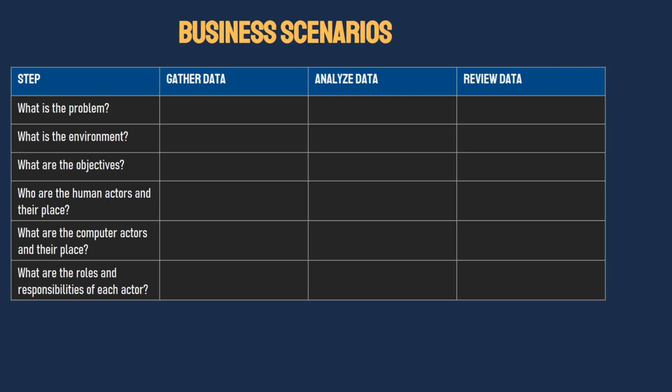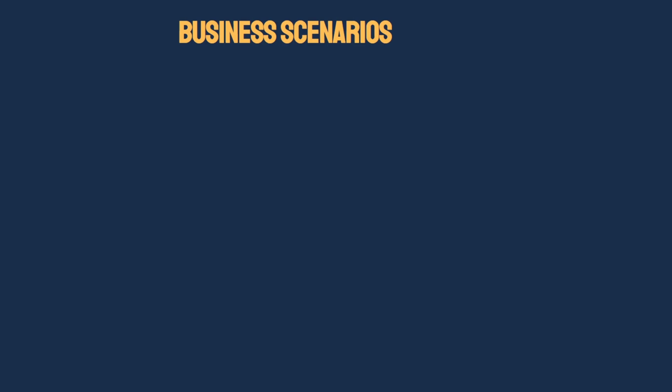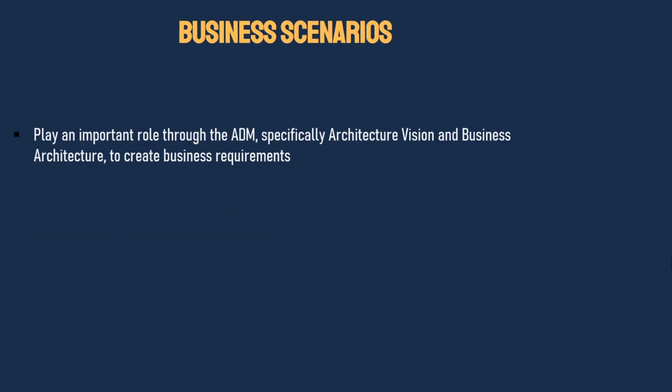In each of these phases, we want to be able to answer and describe that problem so that people can recognize what they should do. Business scenarios play an important role throughout the ADM, specifically the architecture vision and business architecture sections, to create business requirements.